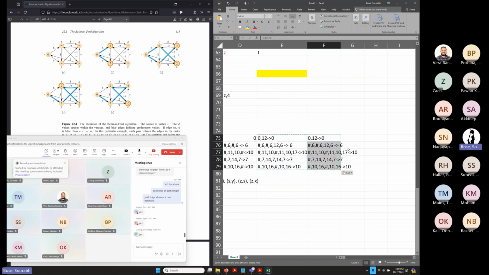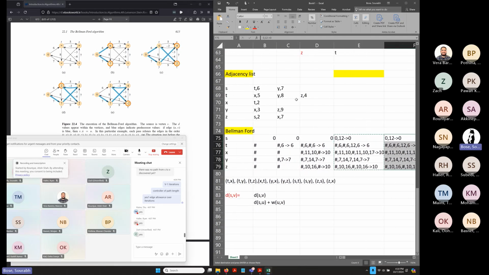Okay, so these are the costs so far. We are going to go back to those.